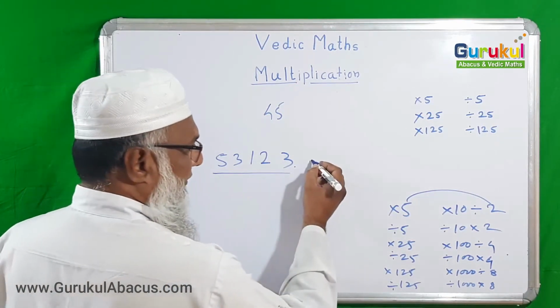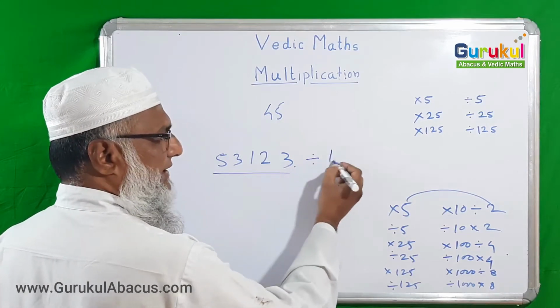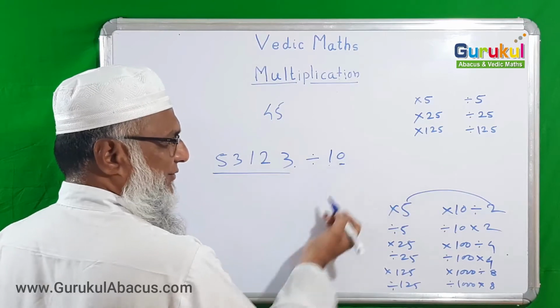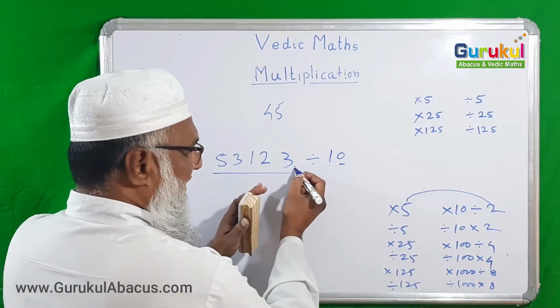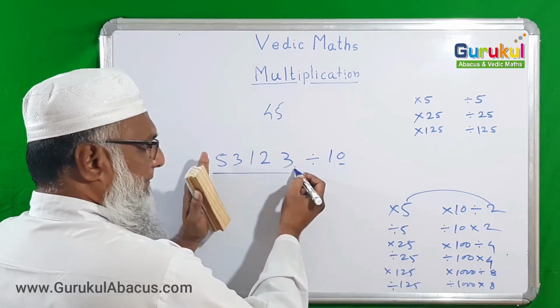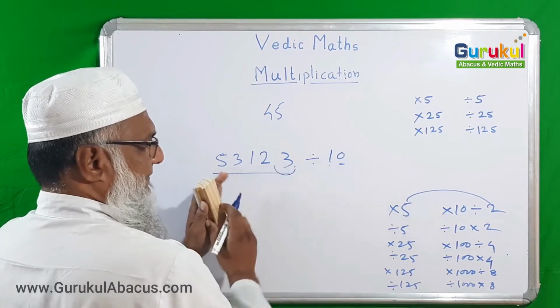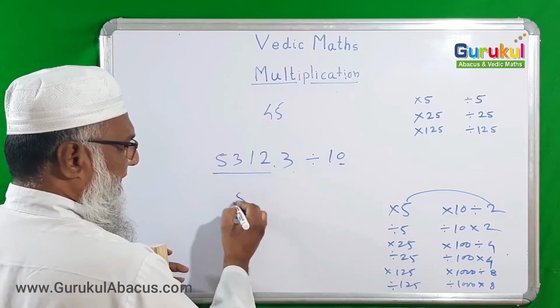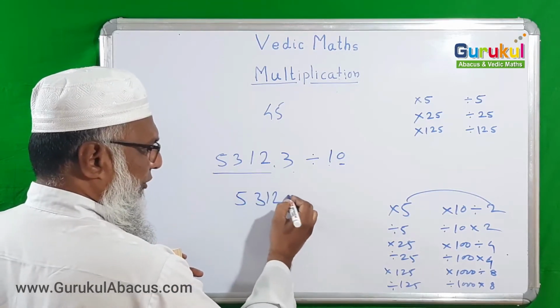Now, if you are dividing this number by 10, what to do? 10 has one zero, so just move your decimal point one digit to the left. That's it. Your answer is 5312.3.